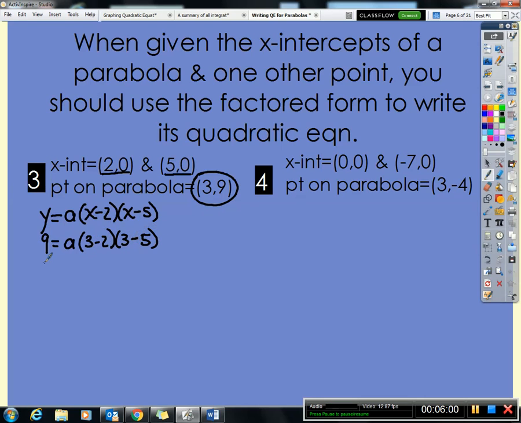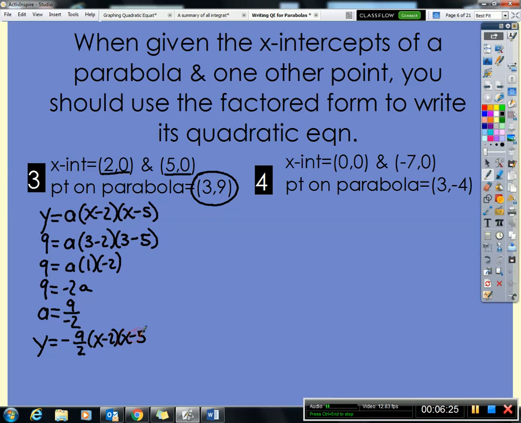So 9 equals a times 1 times negative 2. So 9 equals negative 2a. A is 9 divided by negative 2. Make sure you understand that part. So now y equals negative 9 over 2 times x minus 2 times x minus 5.